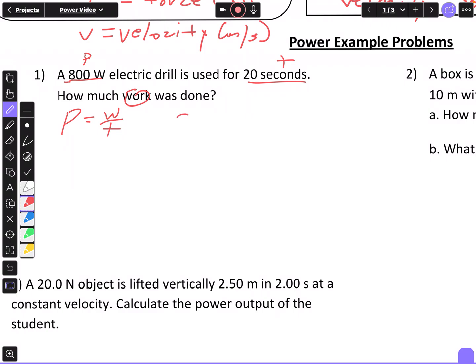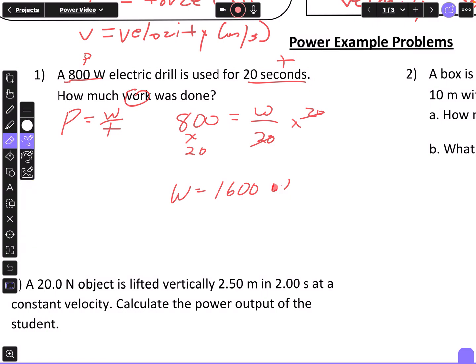When I plug this in, my power in this case is 800 equals my work, which is my unknown, divided by my time, 20. When I get to this point, I want to multiply both sides by 20. And that would give me a work of 1600 watts. Or excuse me, since I'm looking at work, that's going to be joules.